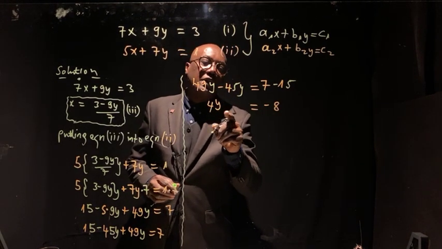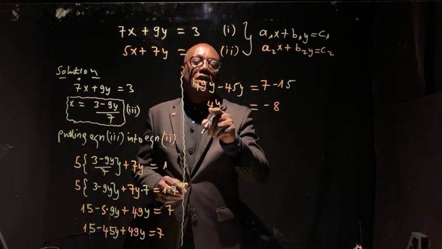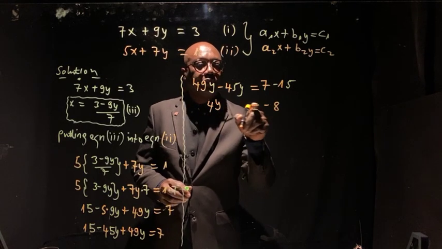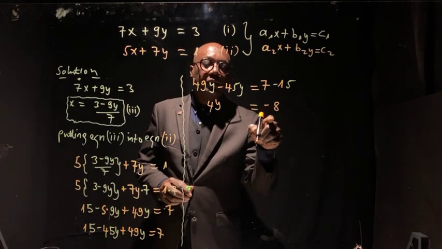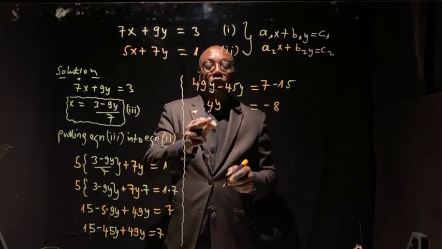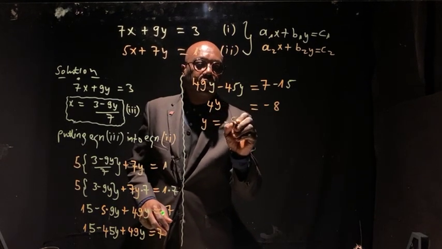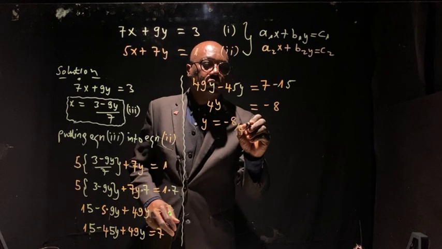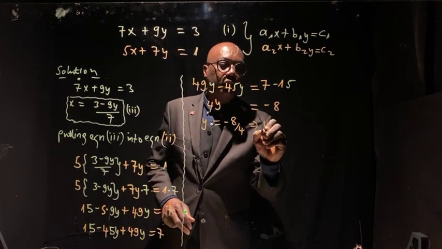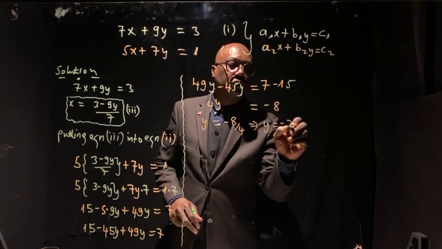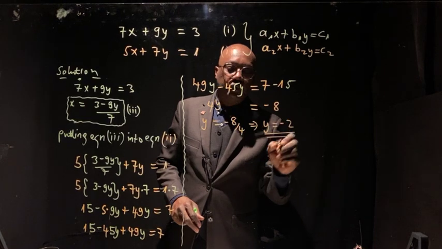Then we make y the subject by transferring the 4 to this side. So it becomes y equals minus 8 over 4, which implies y equals minus 2, which is very important.